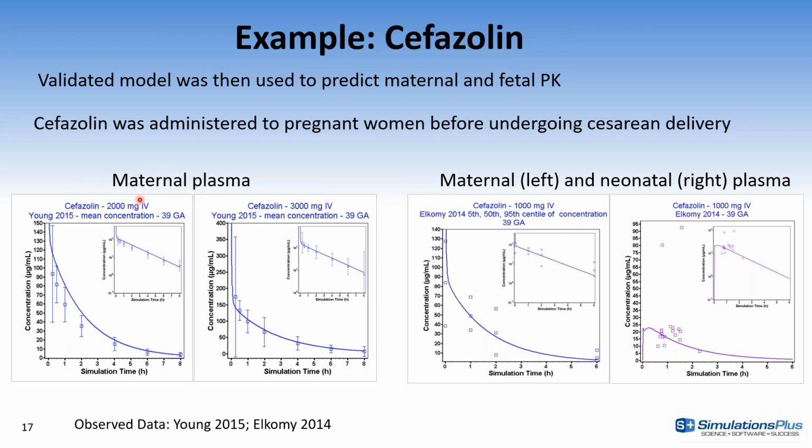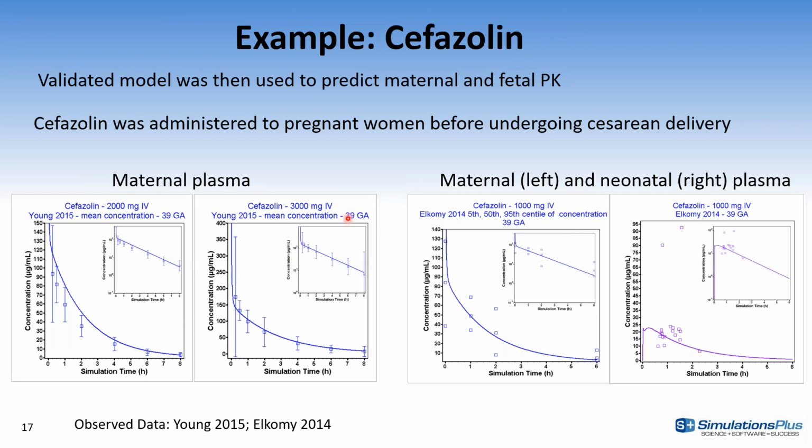From this first study that I'm showing here, they did not do any measurements in amniotic fluid or fetal compartments. They only measured the plasma concentrations in the mother, and you can see that the PK of cefazolin was nicely captured in these women.